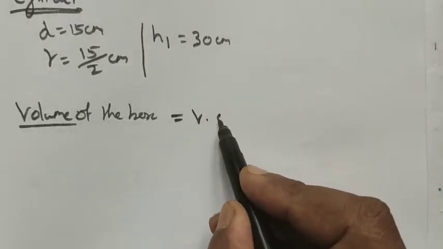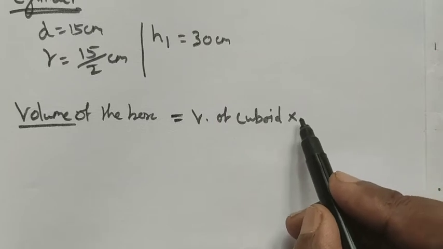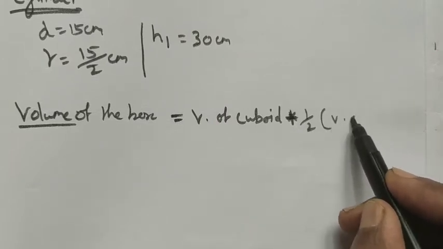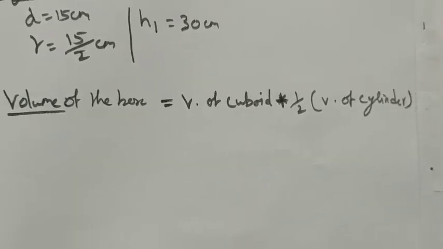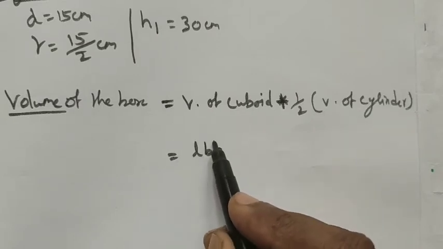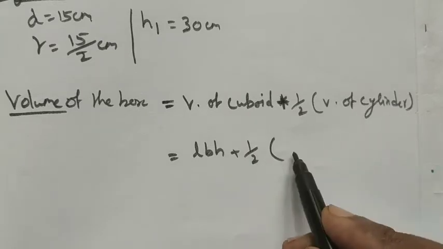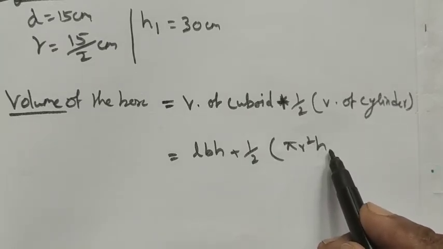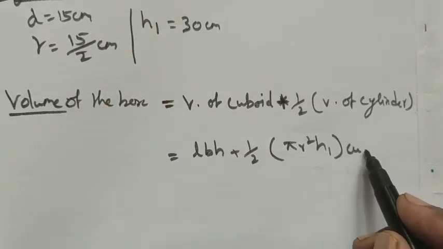So volume of cuboid plus half into volume of cylinder. The volume of the cuboid, we know the formula, length into breadth into height, LBH, plus half into the volume of the cylinder, pi r square h. Here h is nothing but h1. So it is in cubic units.